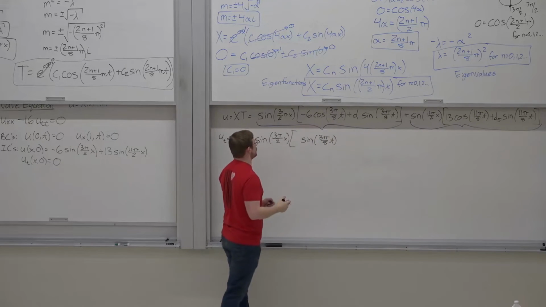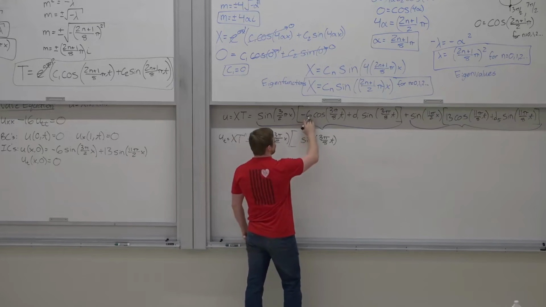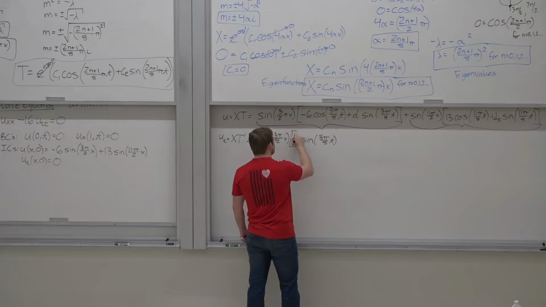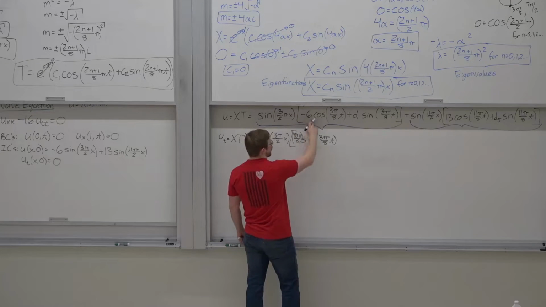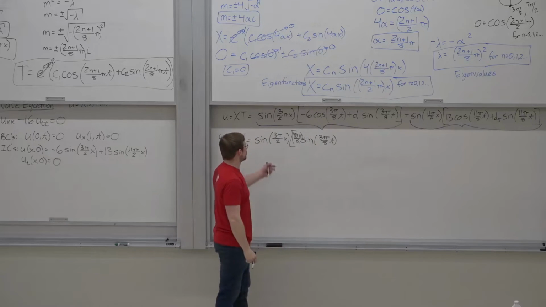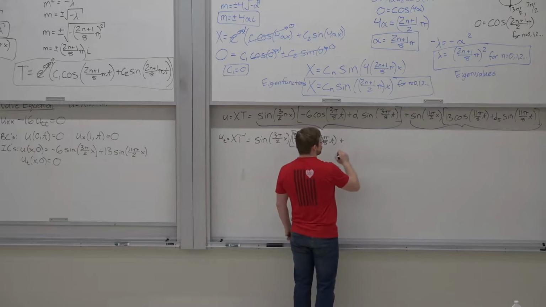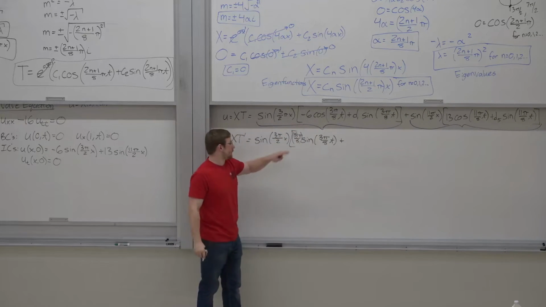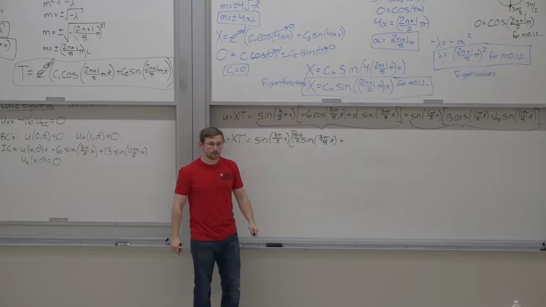The coefficient is going to be a 6, so it's going to be an 18 pi over 8, because it's 6 times 3 pi over 8. Well, when I take the derivative of cosine, it becomes a negative sine. So that's why the negative is gone.